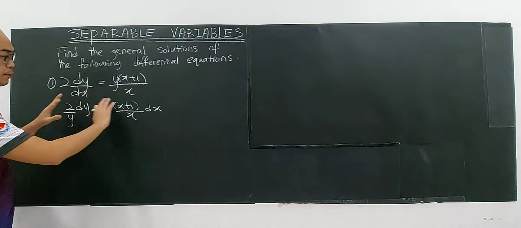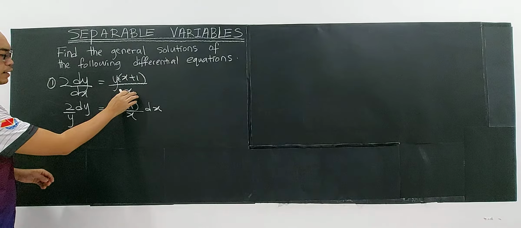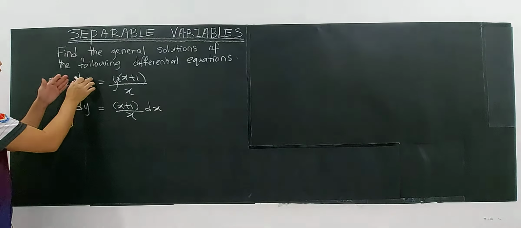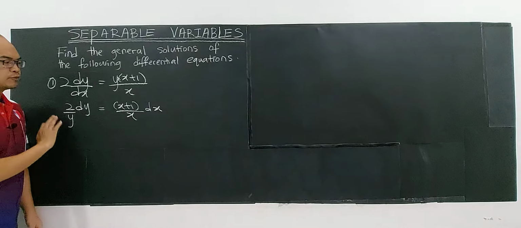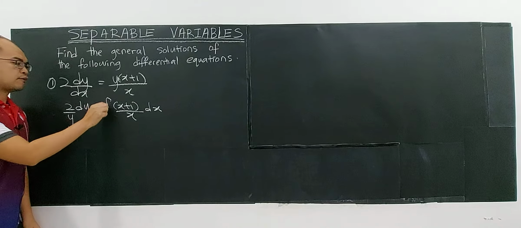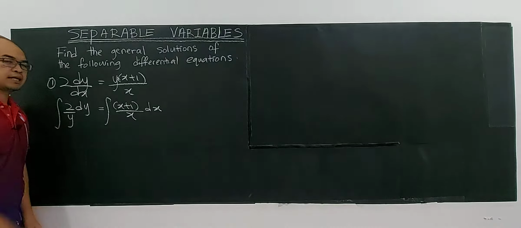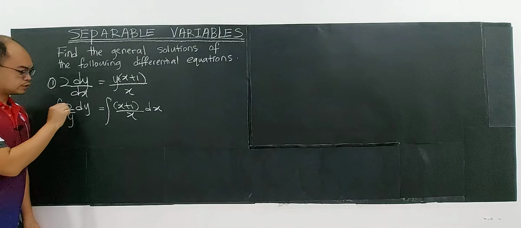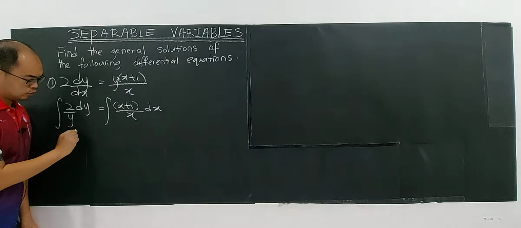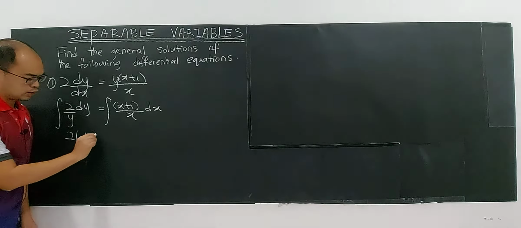So we have separated the variables, where (x + 1/x) dx is on one side and 2 over y dy on the other. After we have separated the variables, we have to integrate both sides. As you have knowledge of integration, integrating 2 over y, you get 2 ln modulus y.